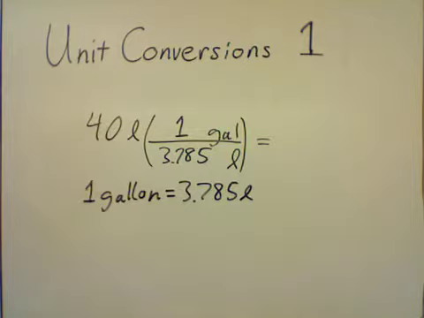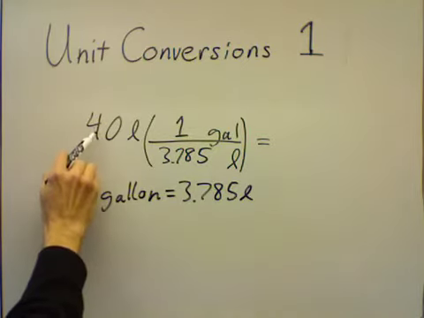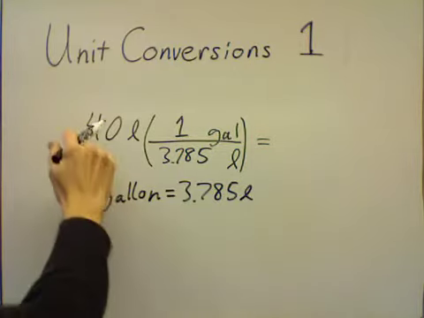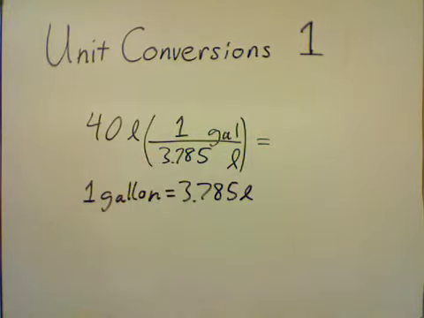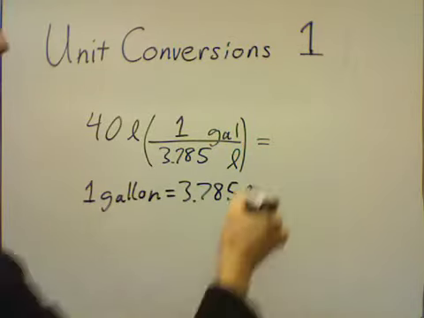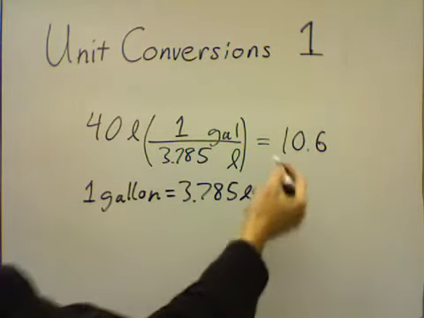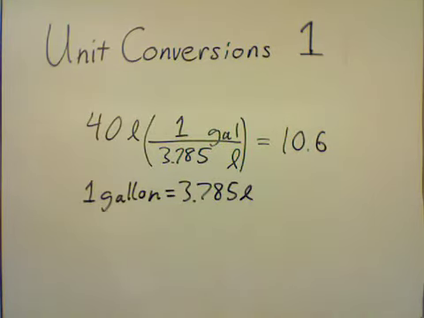Now if I do the math, all I have to do is take 40 times 1, that's just 40, divided by 3.785. And I get 10.6. I got some more digits on my calculator, but I'm rounding off again to just 3 significant figures.